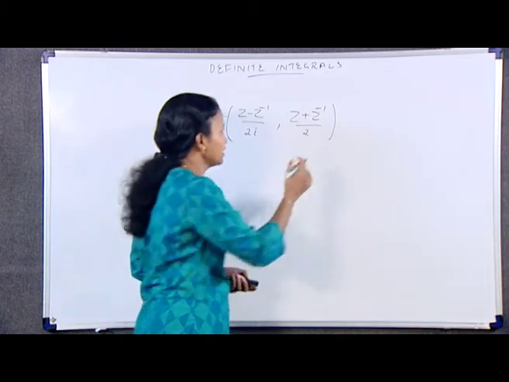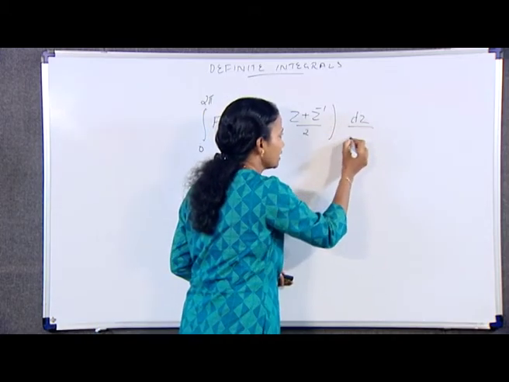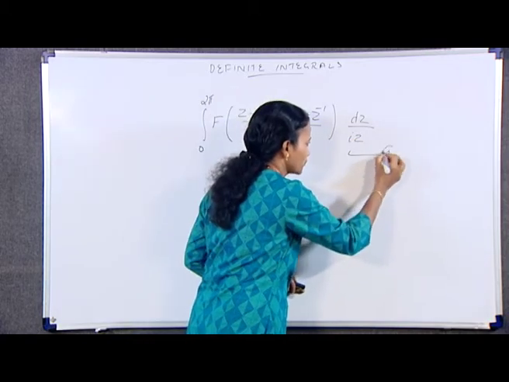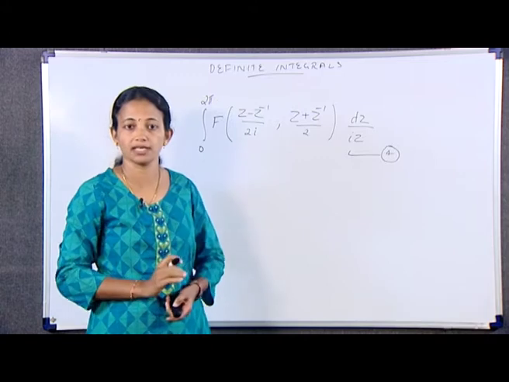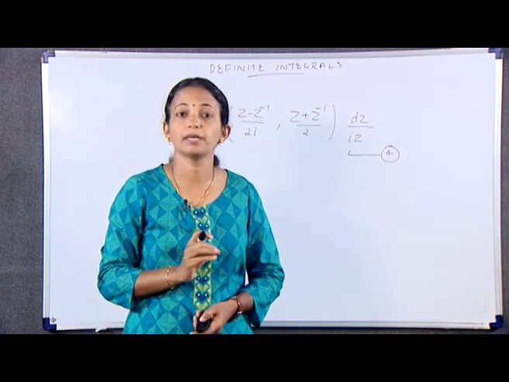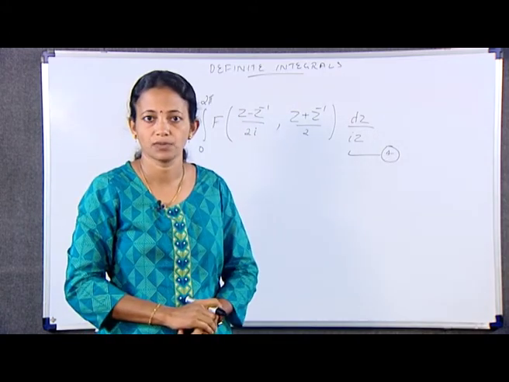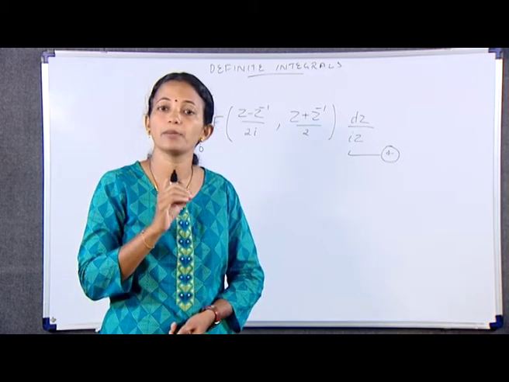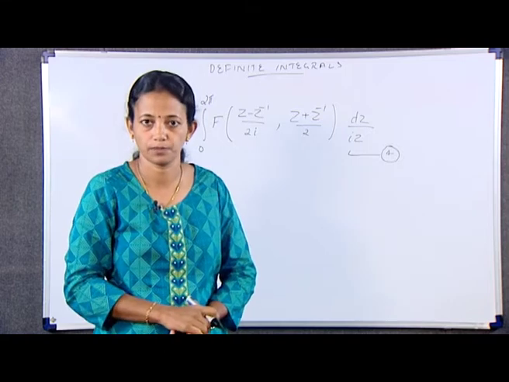Instead of d theta, here we have dz by iz. Equation number 4. This is a function of z around the circle C in the positive direction. The original integral 1 is of course simply a parametric form of the integral 4.